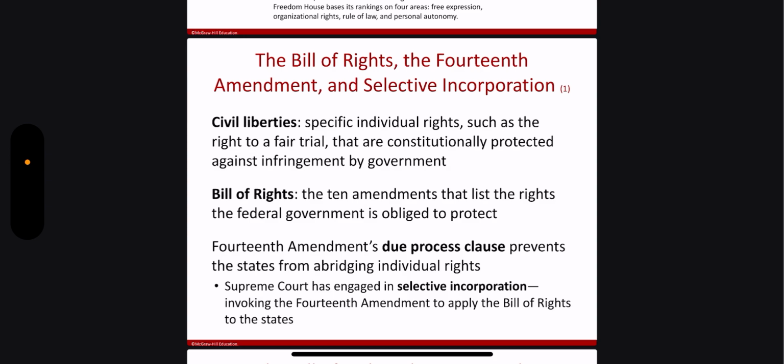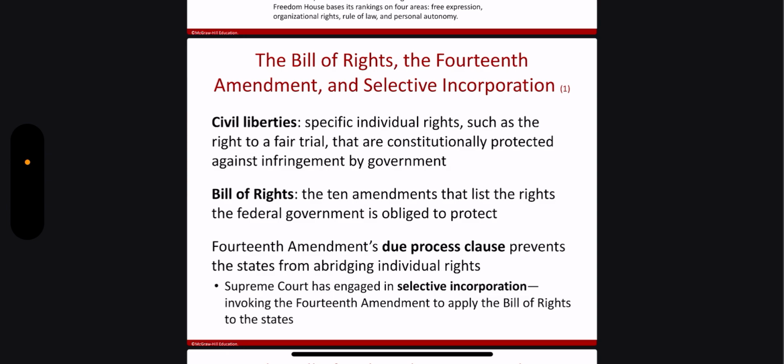Now, here we have a clause that prevents the states from abridging individual rights. And this seems kind of intuitive now, but as we will see when we talk a little more in depth about selective incorporation, the Supreme Court really had to say, hey, yes, the federal government can't do these things. The citizens are protected against, say, censorship from the federal government.